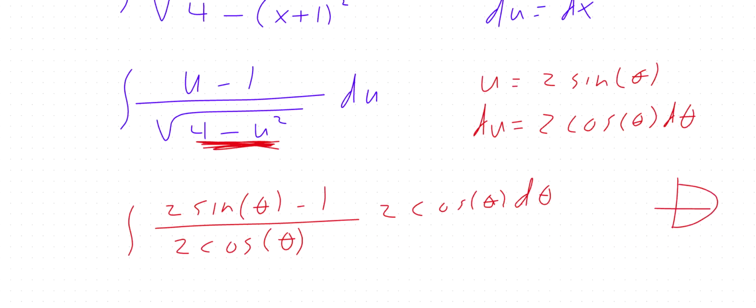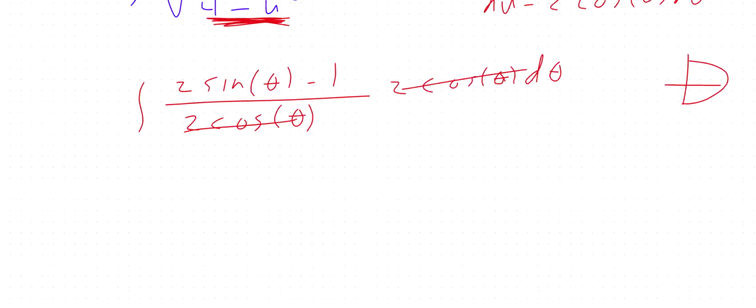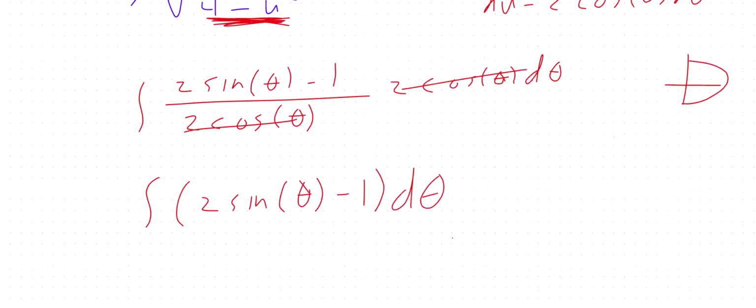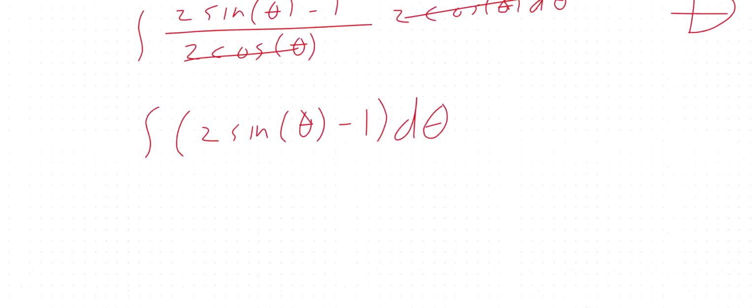Now this thing cancels with that thing, and we have a very nice integral to evaluate. So now the integral here is just going to be a negative 2 cosine of theta minus theta plus c.